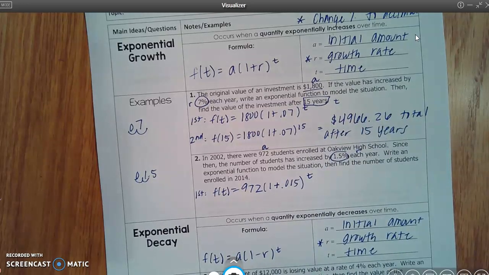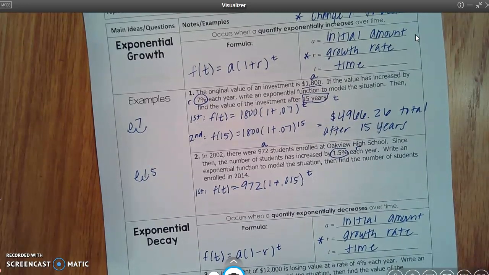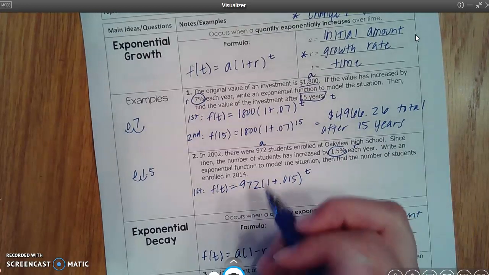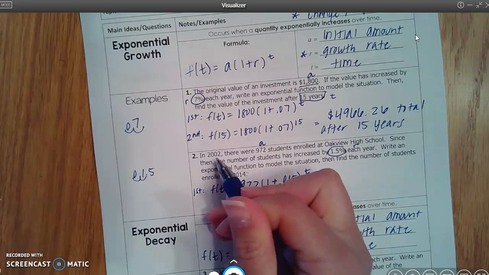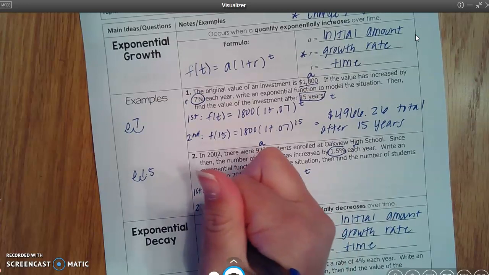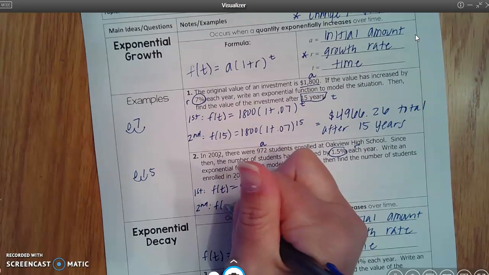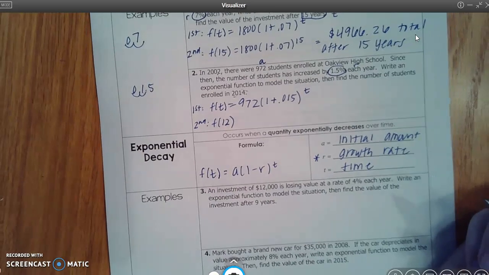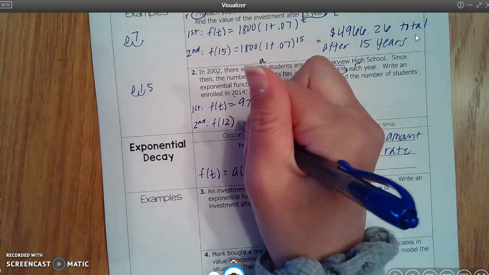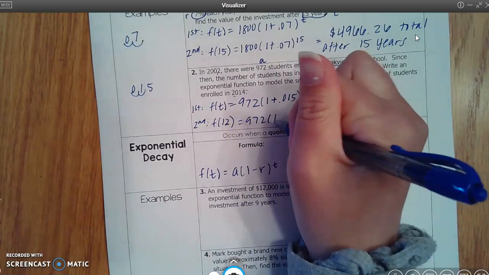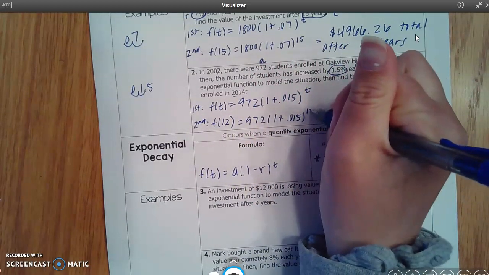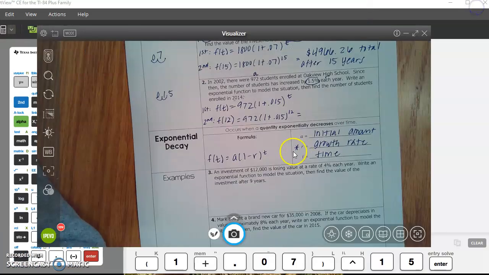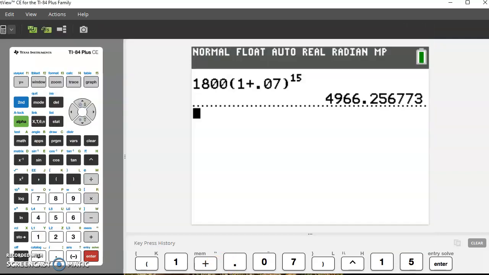That's step 1. So step 2, they want us to know what's the enrollment in 2014. Now, I can't just say that this is my t. I'm starting in 2002 and I'm going to 2014. So that means my t has to be 12 years because there's 12 years from 2002 to 2014. Okay, you plug it in, raise it to the 12th. Now, since we're talking about people, we shouldn't have a decimal for a person.